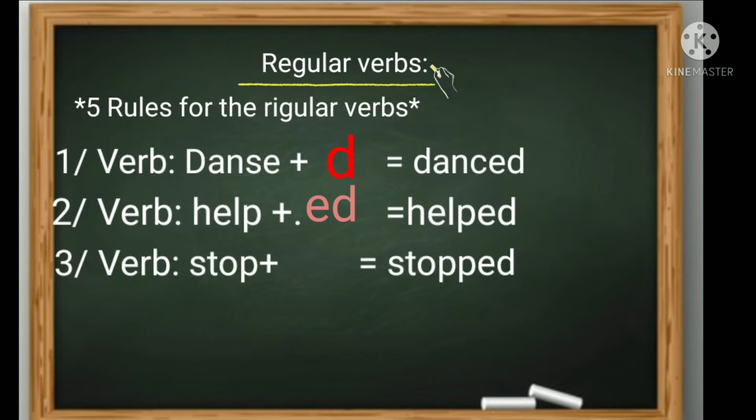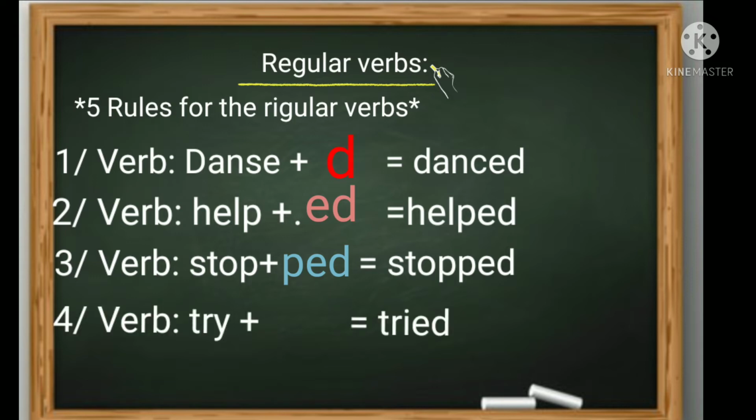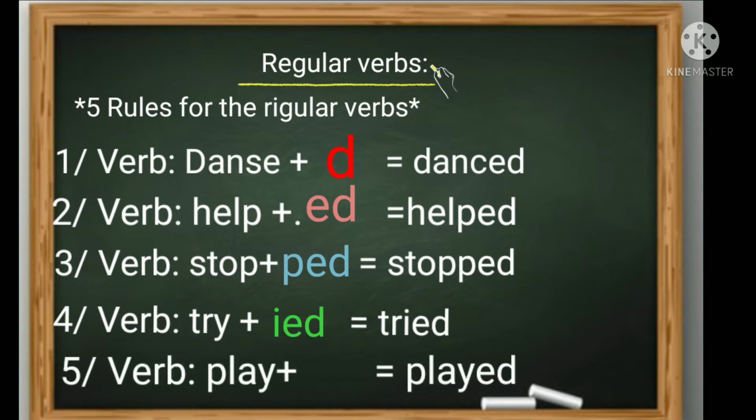The third rule, we have the verb stop, and it changed completely in the end. We didn't add just the ed, we added another p and the ed, which made stopped, with 2 p's in the end with ed. The fourth rule, we have the verb try, which changed completely, with the y in the end becoming i, and we added the ed, which made tried, as you're seeing here.